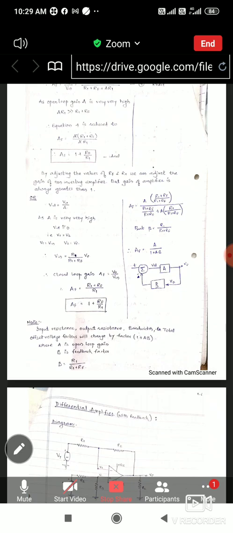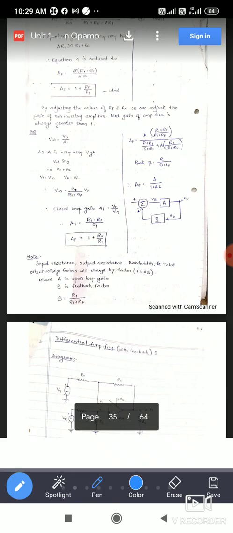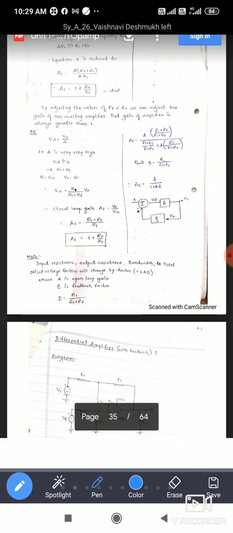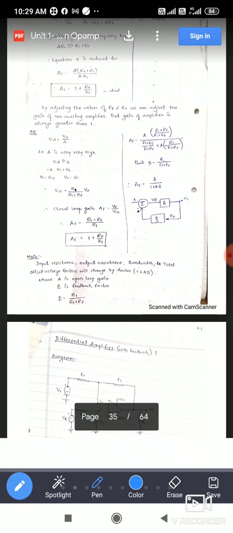Now after that, the important things you can remember. For this concept of negative feedback in an inverting amplifier and non-inverting amplifier, we need to understand the feedback circuit. You have learned the feedback network in ECAD also, but there you used transistors, JFET, but here we use the op-amp.